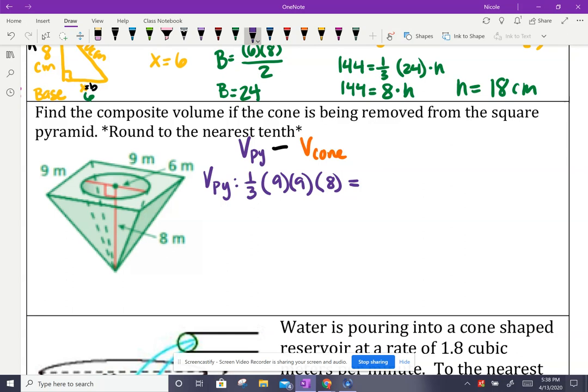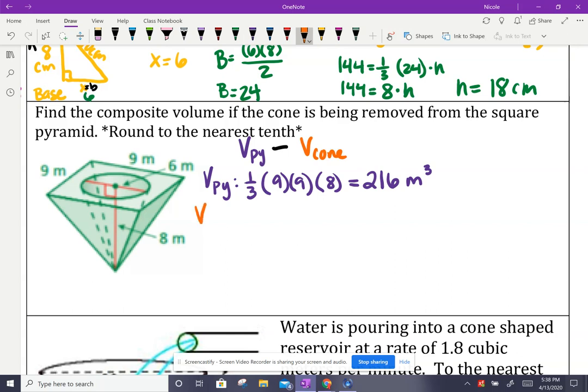There we go. 9 times 9 times 8 gives me 648, and 648 divided by 3 divides evenly and gives us 216 meters cubed. So that's the volume of the pyramid.